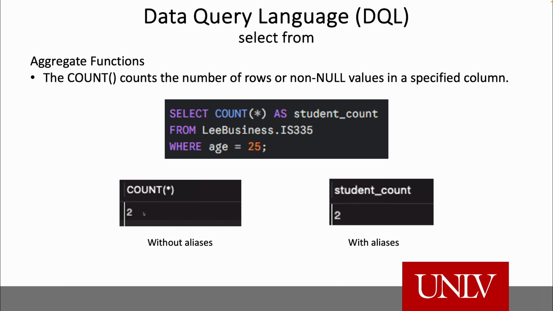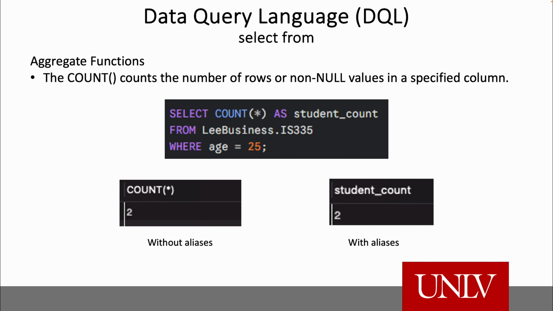An SQL alias is used to give a table or a column in a table a temporary name. Aliases are often used to make column names more readable, and an alias only exists for the duration of the query. We use the AS keyword to create this alias.